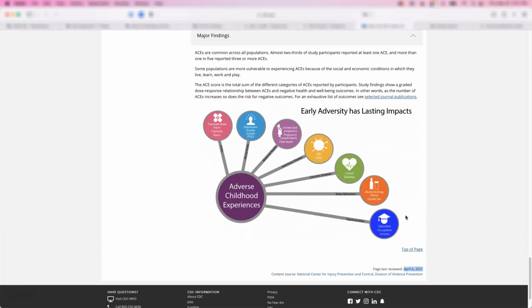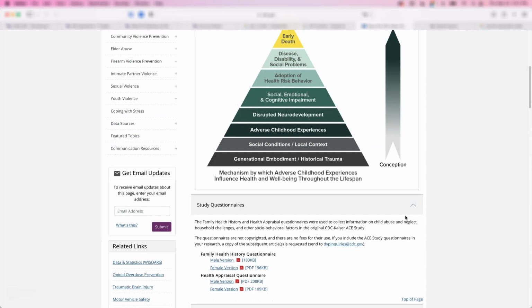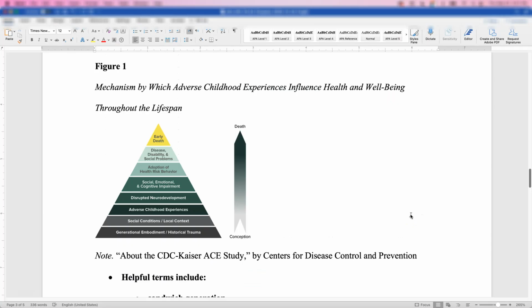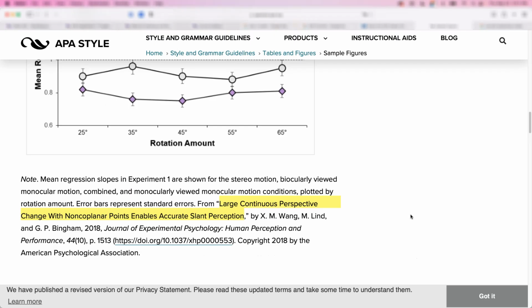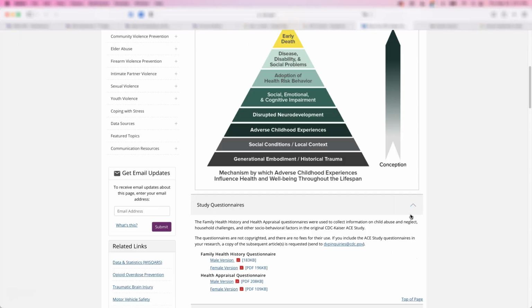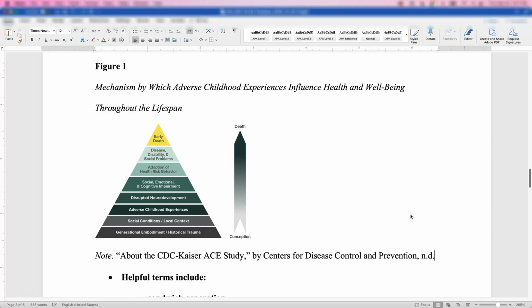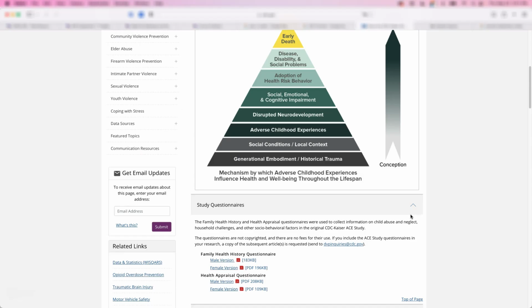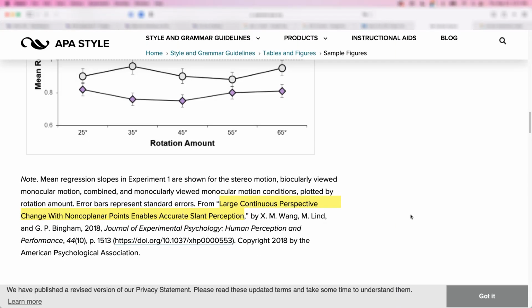So we will have to go with N period D period, which is the abbreviation we use for no date, which is not dated. And if we look back here, next up, if there was a page number, we'd give it. If there's a link, we'd give it.